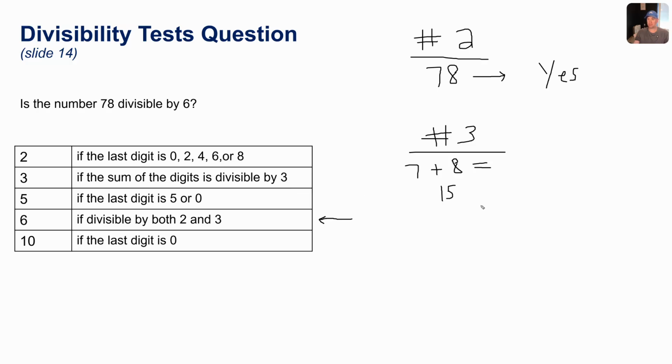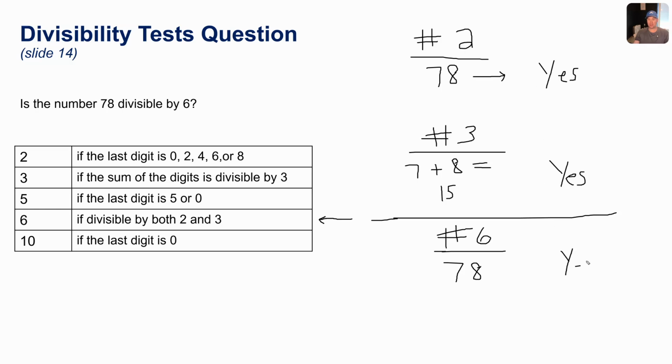Well, yes: 3, 6, 9, 12, 15. 3 goes into 15, so yes, it's divisible by 3. With those two tests in mind, I go to the number 6. Is 78 divisible by 6? Since it's divisible by 2 and also by 3, the number 78 is divisible by 6. So we would say yes.